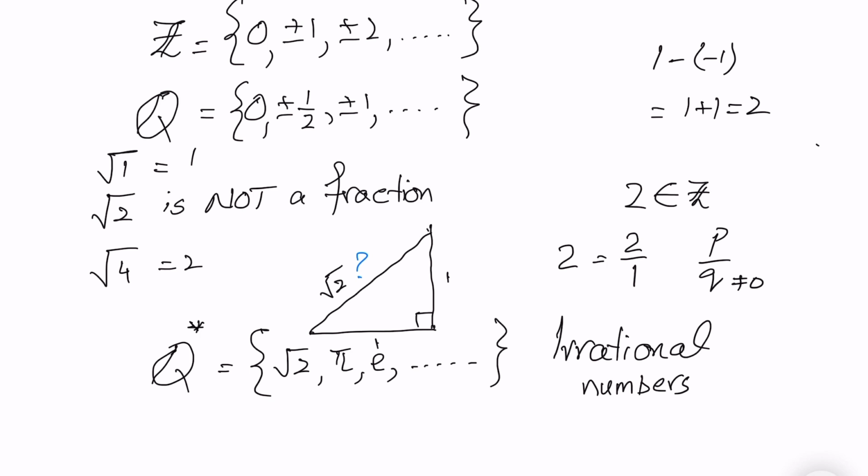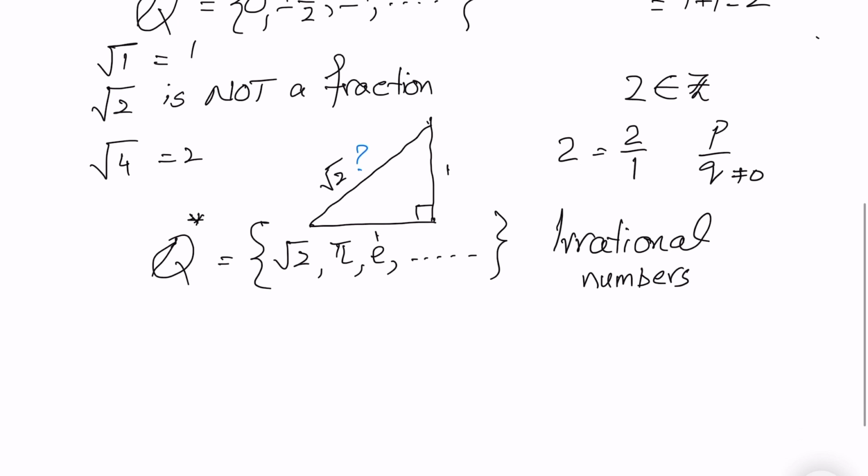When we combine the rational and the irrational numbers, a new set was established, and that's what we are talking about today, called the set of real numbers. This set is the union of the fractions and the non-fractions.